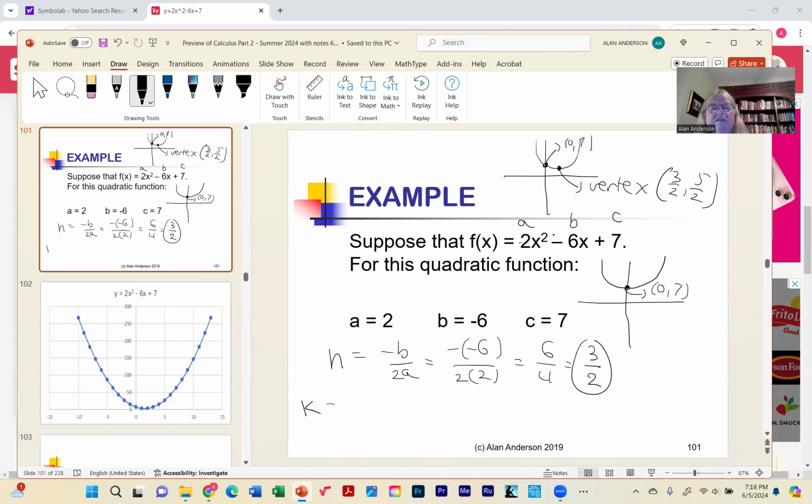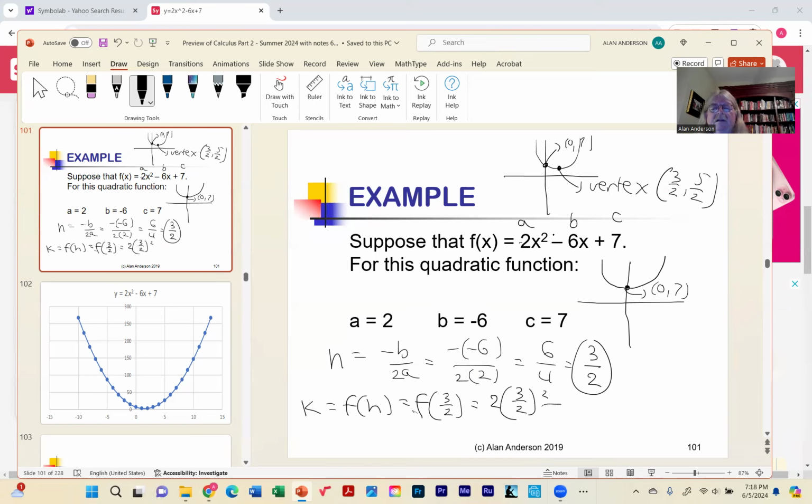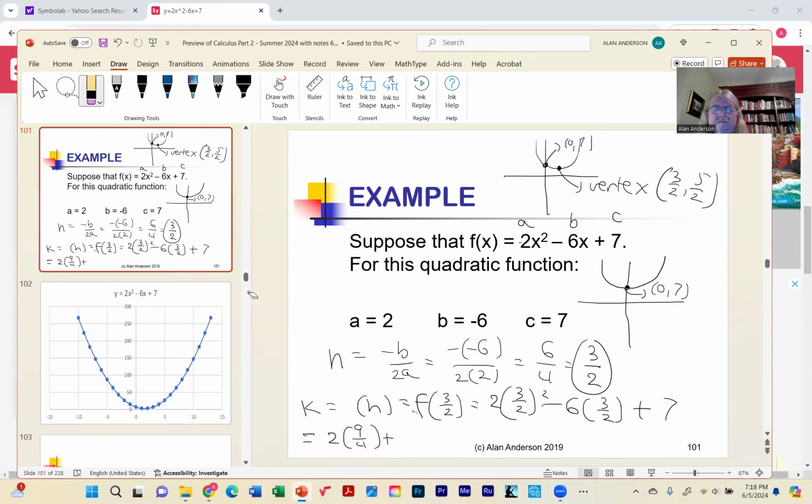Now, K is f of h. In this case, f of 3 halves, which means 2 times 3 halves squared minus 6 times 3 halves plus 7. Now 6 times 3 halves is 9. Or actually, let me write it like this first: minus 18 halves plus 7, which is 18 fourths.